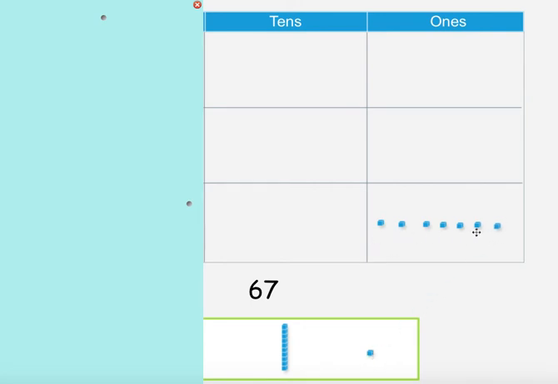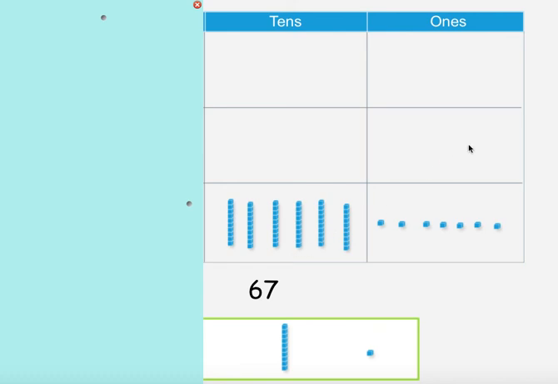Okay, so we have our 1s. Pause here to count them. Let's do our 10s. How many 10s do we need to make this number? Say the number as I drag them. You can pause here again if you need more time to count.